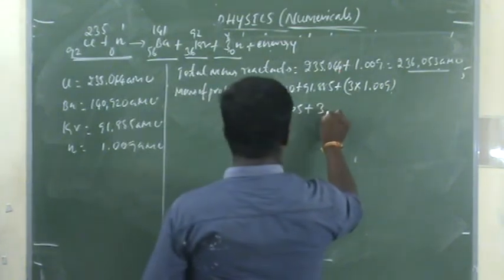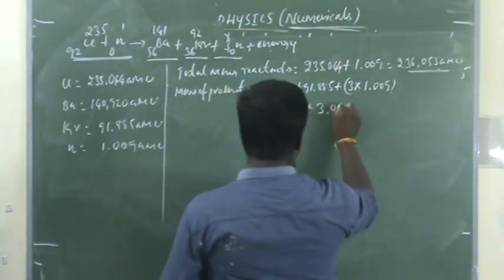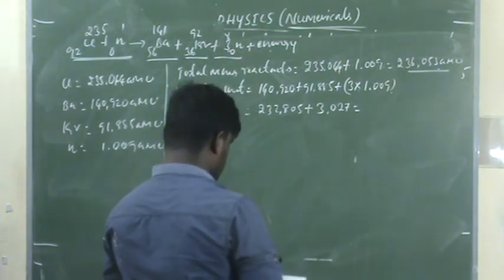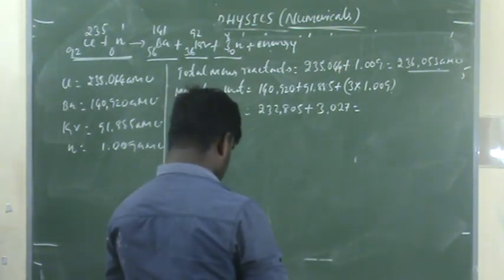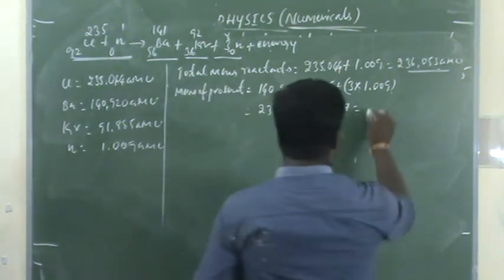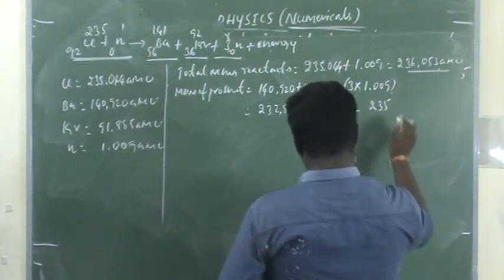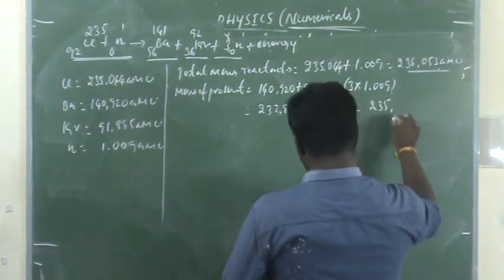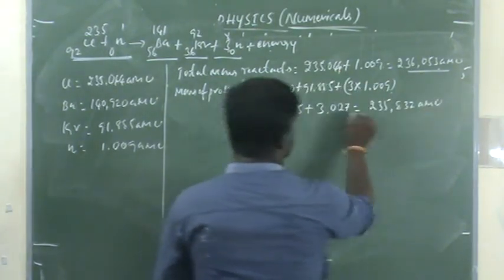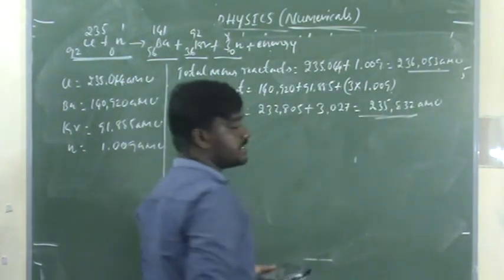That is 232.805 plus 3.027, which equals 235.832 atomic mass unit. This is the mass of the products.